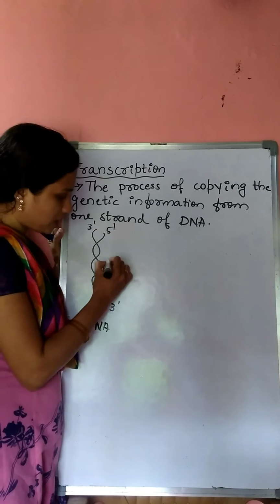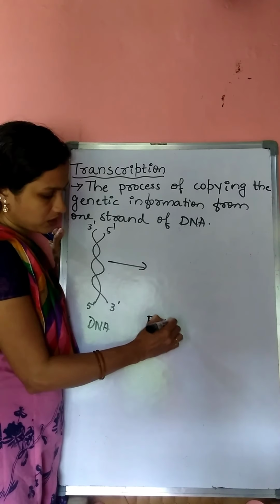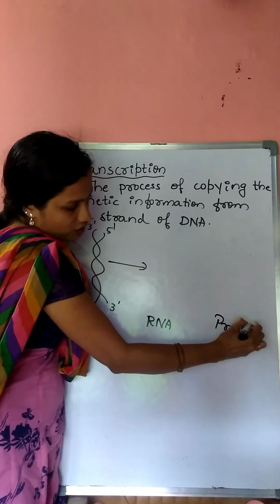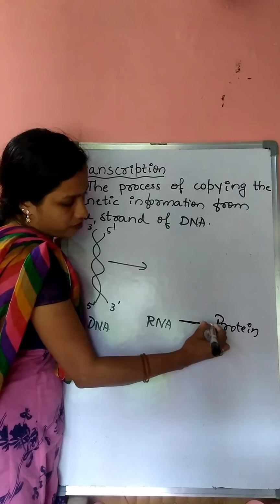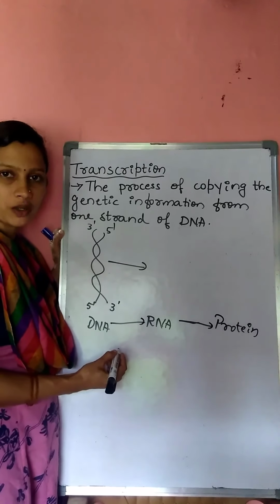Unidirectional flow of genetic information from DNA to RNA and from RNA to protein.